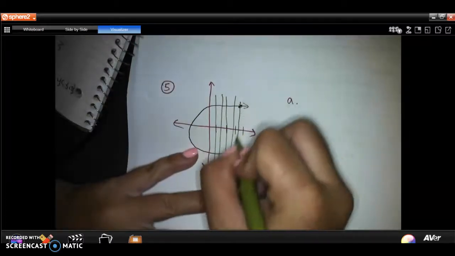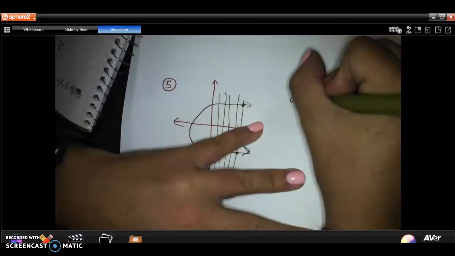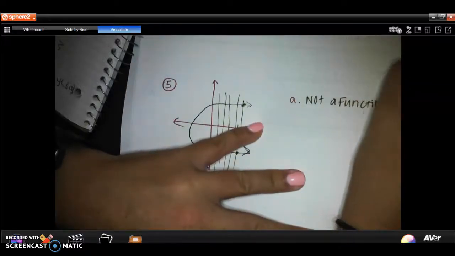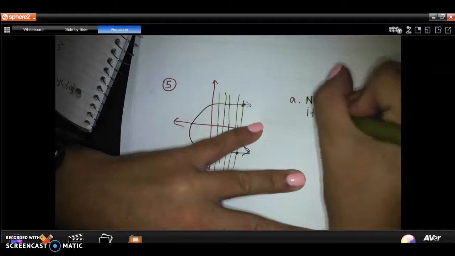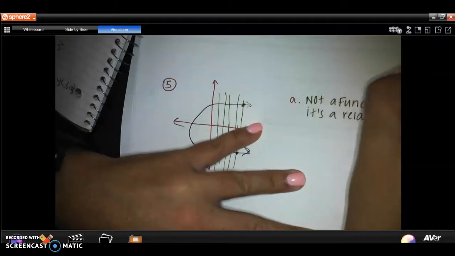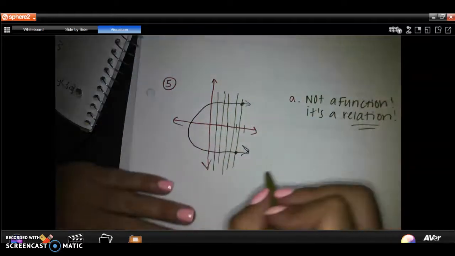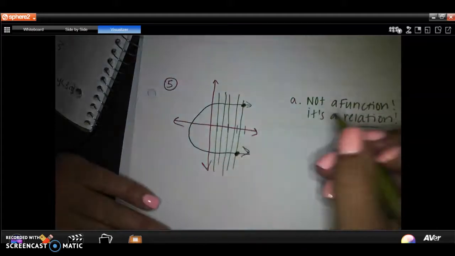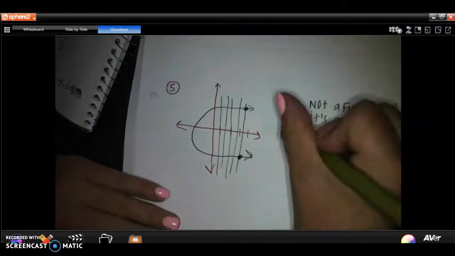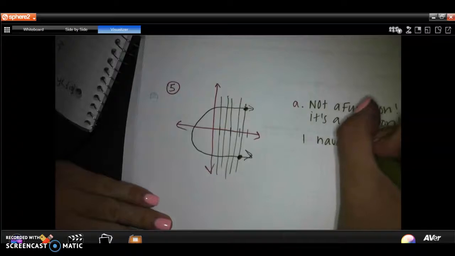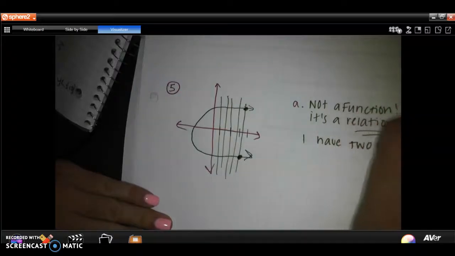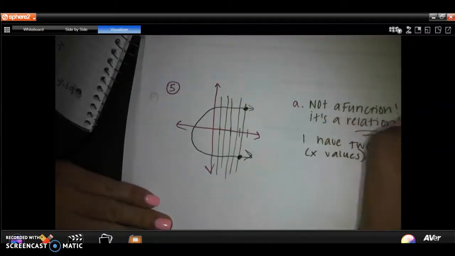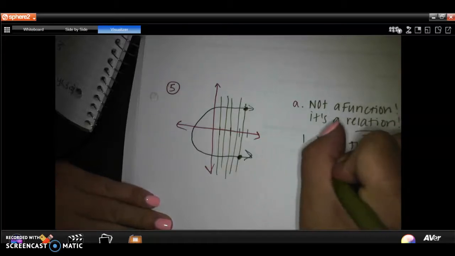No. Why? Because I have 2, so it's not a function, it's a relation. And the reason why is because I have 2 inputs, or x values, with different y's.